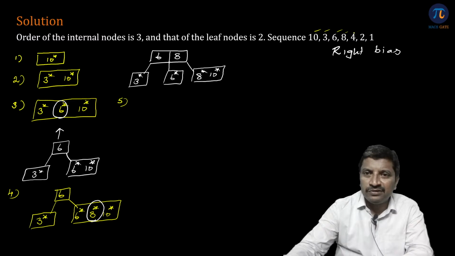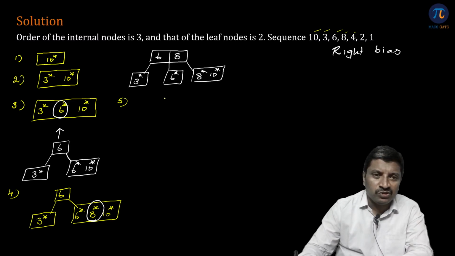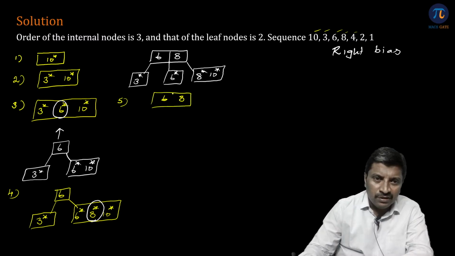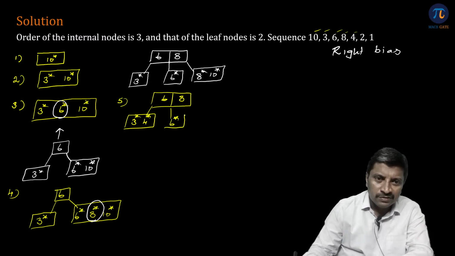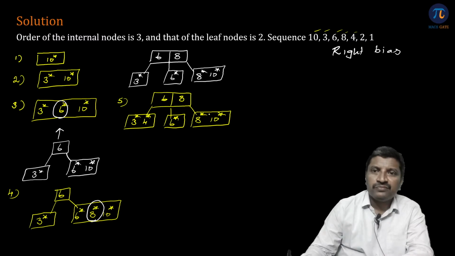8 completed, right? Then 4. I think 4 will come to this node, sir. So 6, 8, 3 star, 4 star. Then 6 star, 8 star, 10 star. Done.